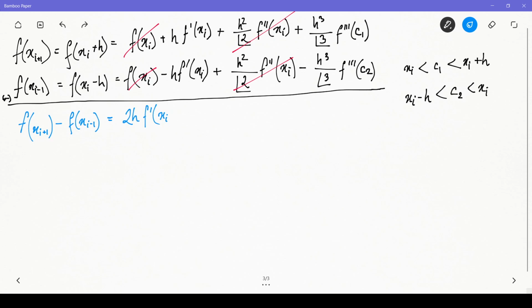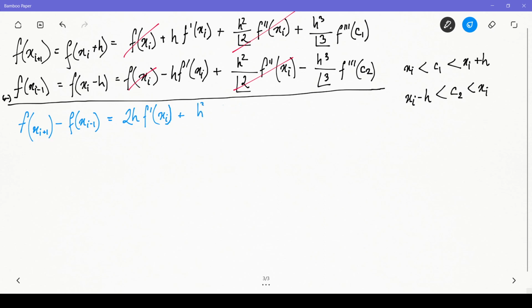Let me draw the bracket a bit more clearly. x sub i, and this minus and this minus will of course become plus. Then we have 2h cube divided by 3 factorial times f triple prime. Oh, sorry, my bad. These two terms are different, so you're not going to sum them up since we have C1 and C2 over here. So let's write them separately.